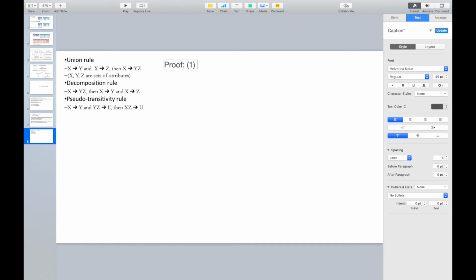What we can do here is, based on X implies Z, we use the augmentation rule and get XX implies XZ. It should be easy to understand: we add X to both the left-hand side and the right-hand side. Based on XX implies XZ, what can we do next?